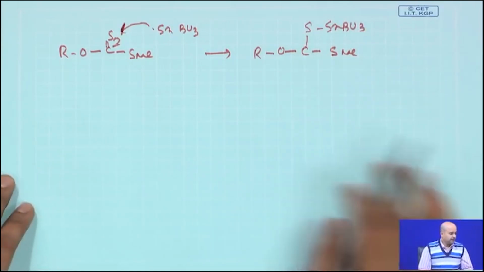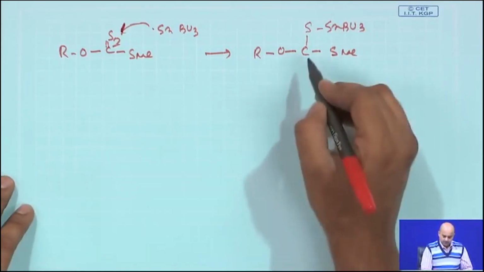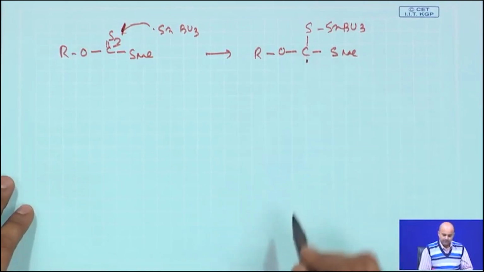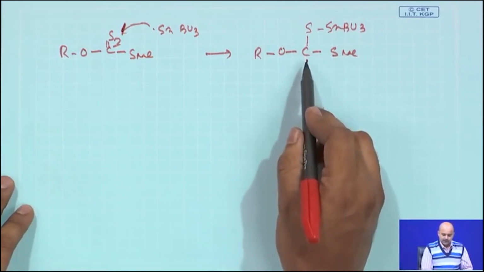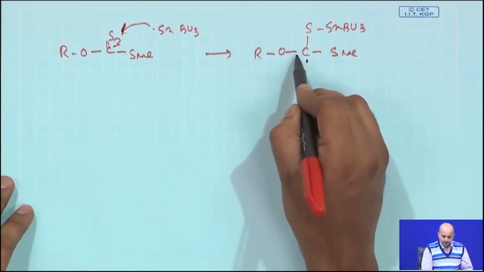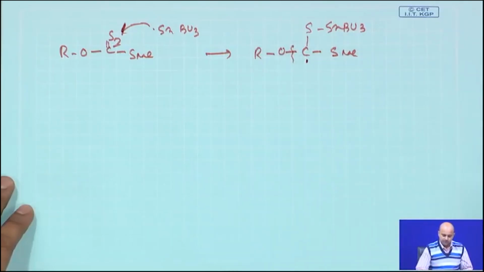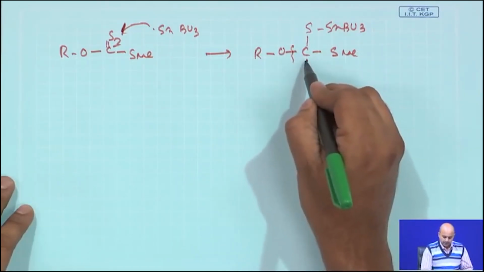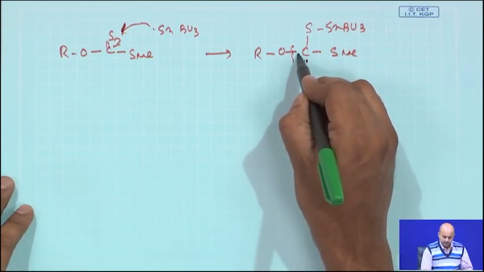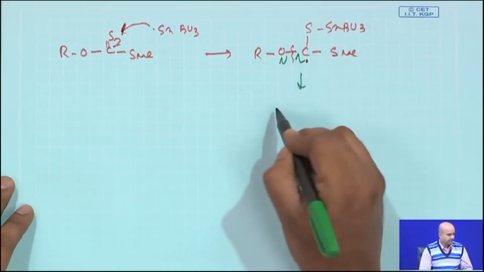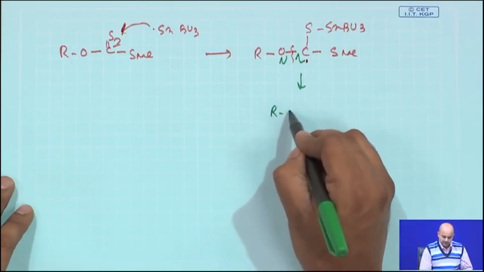Now, this kind of thing will put a radical here. Now, this radical will then have a carbon-oxygen bond, so this heterolytic cleavage will take place, and you basically have this cleavage.